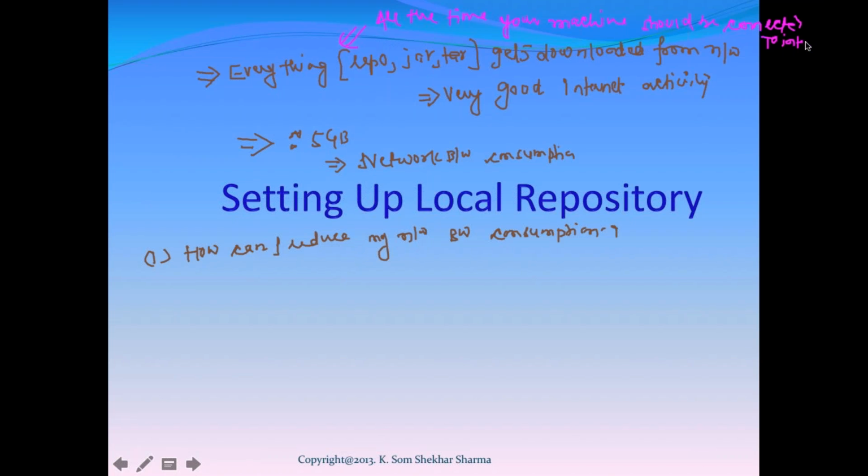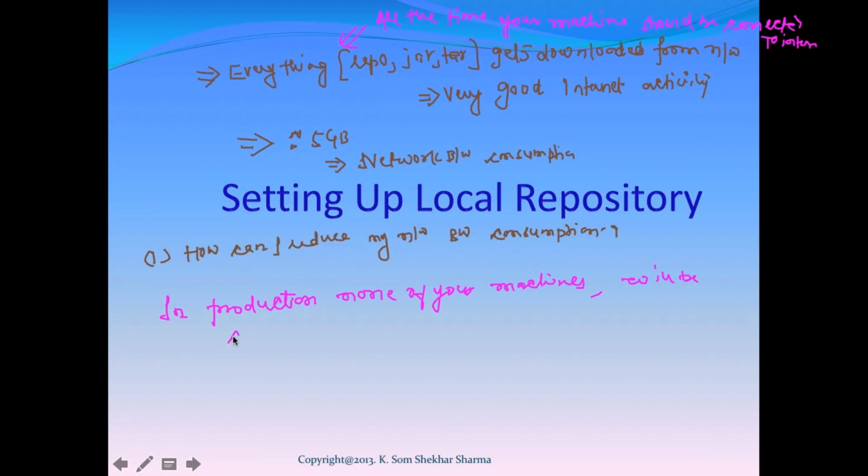But you need to understand, in production, none of your machines will be connected to the network. For security purposes, none of the machines which are part of the cluster will be connected to the internet.